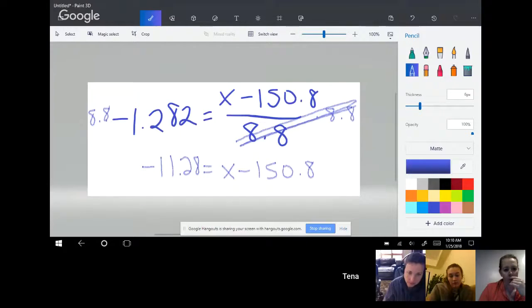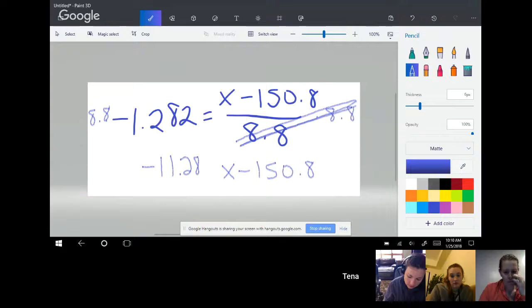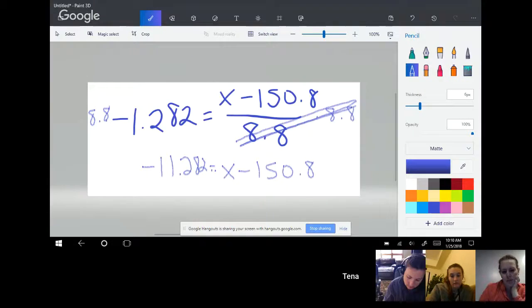Okay, so we've got this, and then we still have equals x minus 150.8. So then at this point, we could probably divide, right? No, we have to isolate x still. So your x, what do you do to x? Well, if you add it, you get rid of 150.8, and then you add to the other side.